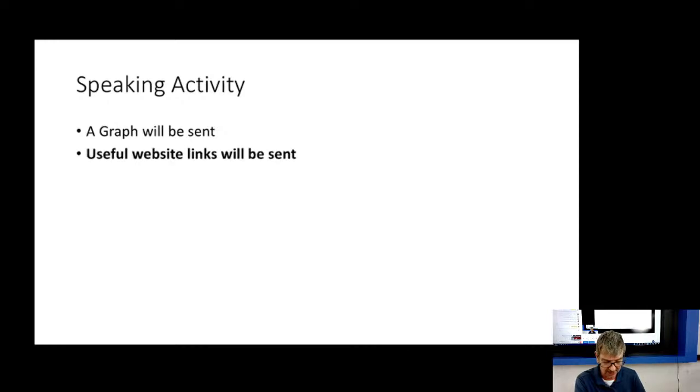Okay. All right, so this is for the speaking activity, which is a must-do. So what I'll do, I'll send you some graphs on the group chat, and then you can start to explain, look at the graphs, start to write down your ideas. I'll also send some useful website links, to help you.